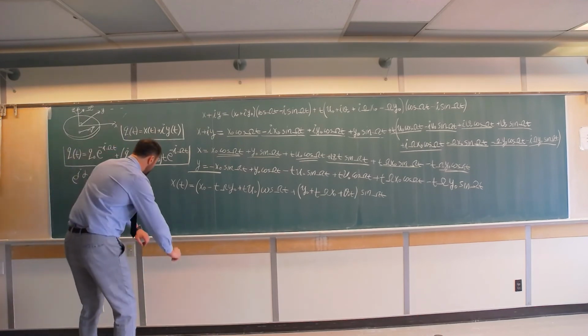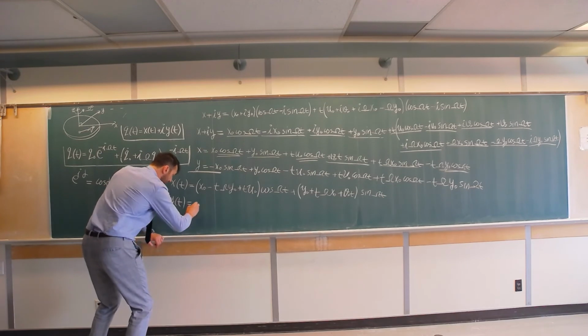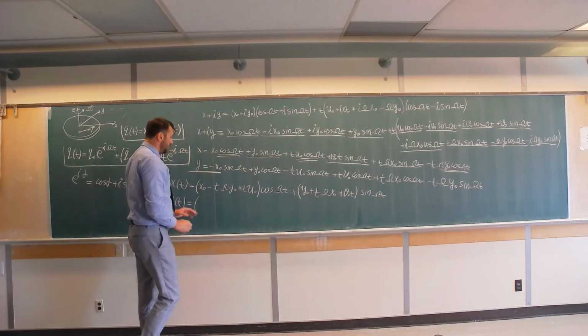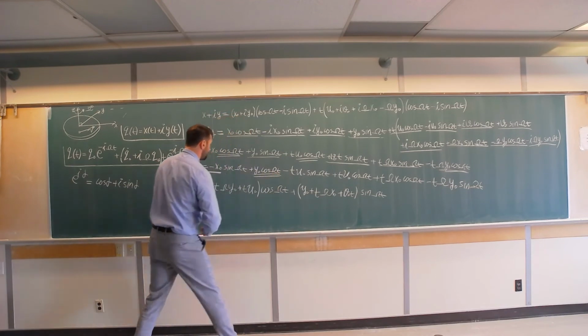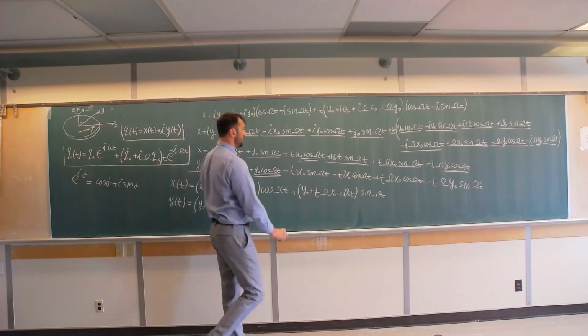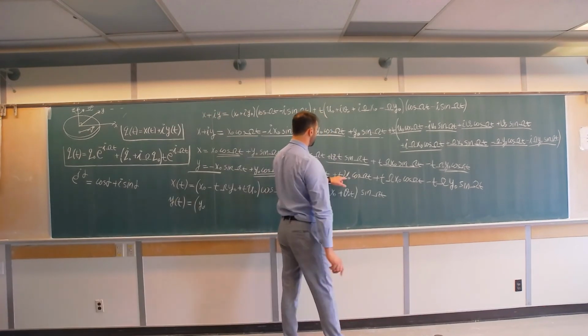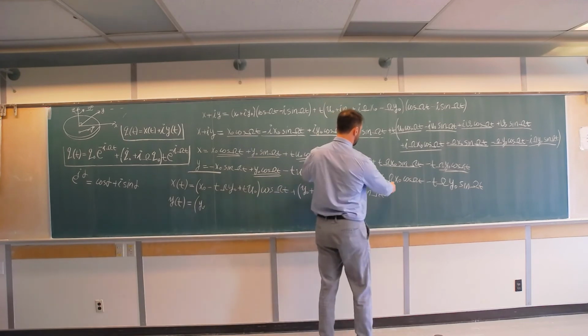And now we will do the same for the y component of this trajectory, collecting everything around cosine terms. We have this y0. Another cosine term is this one with the v, but I will forget for now about it. I'll take this one.